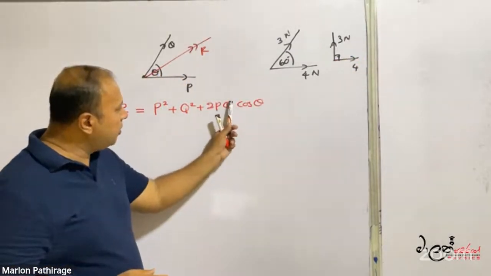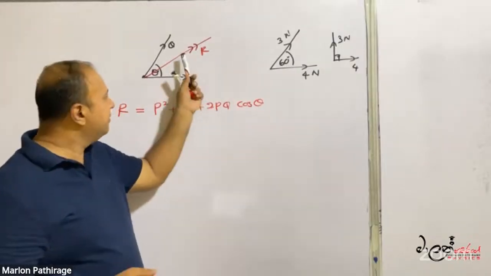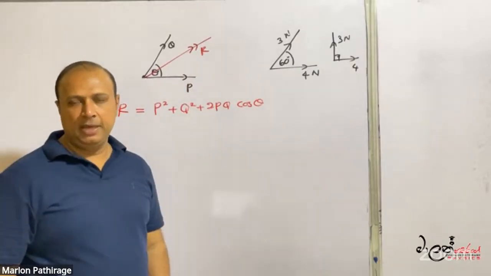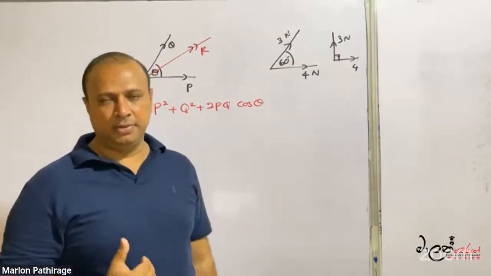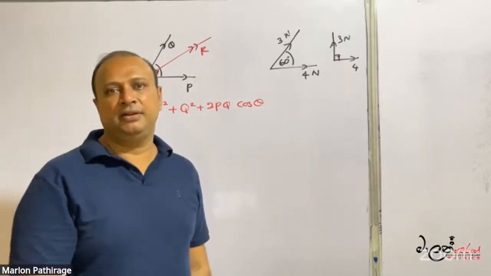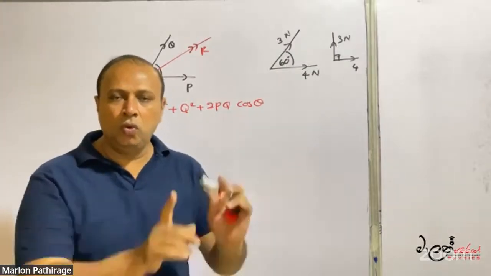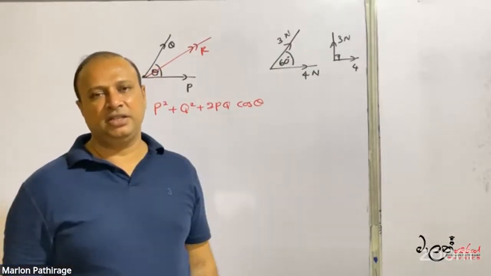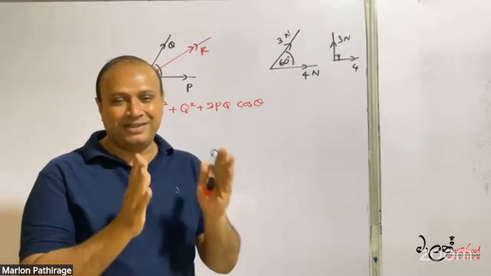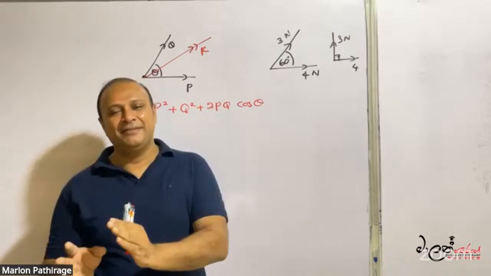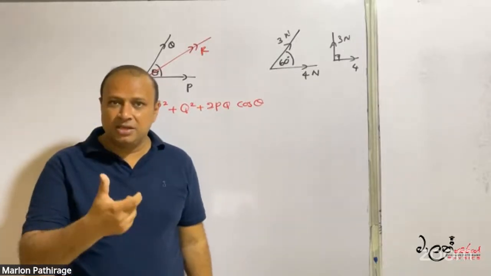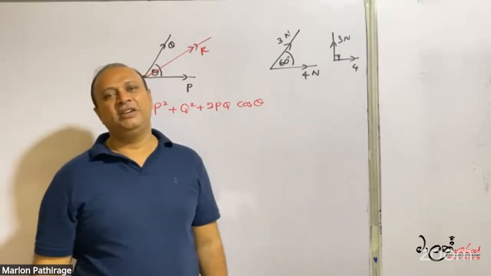Therefore, according to this angle, the resultant force may vary. So you need to determine the maximum and minimum resultant of two given vectors. Actually, not force, vector.